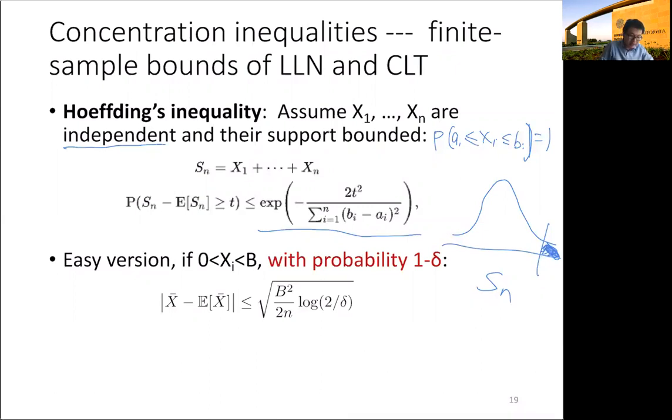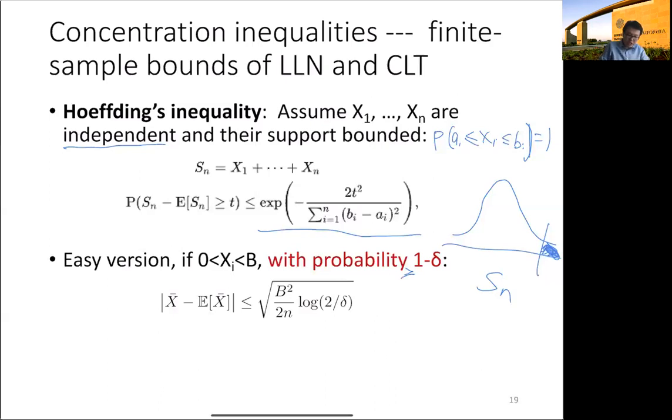If you apply Hoeffding's inequality to both x and minus x, and then divide this Sn by a factor of n, you can work out that the mean converges to the expected value, and this is the square root of 1 over n from the central limit theorem that we've seen previously. When we say with probability 1 minus delta, we mean with probability at least 1 minus delta.